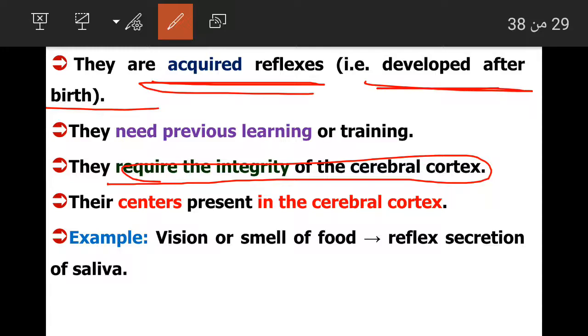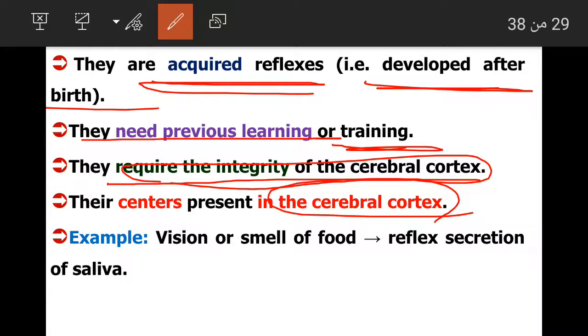They need previous learning or training and require integrity of the cerebral cortex, and their centers are present in the cerebral cortex. For example, vision, hearing or smelling of food leads to reflex secretion of saliva.